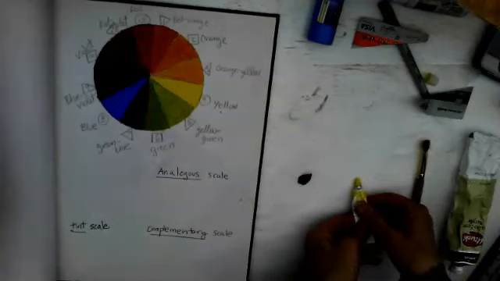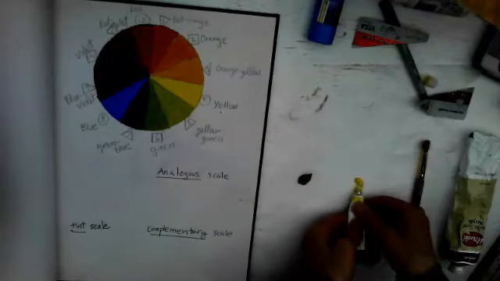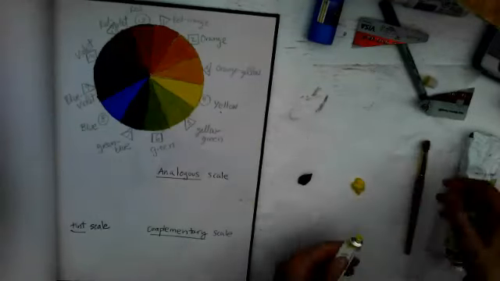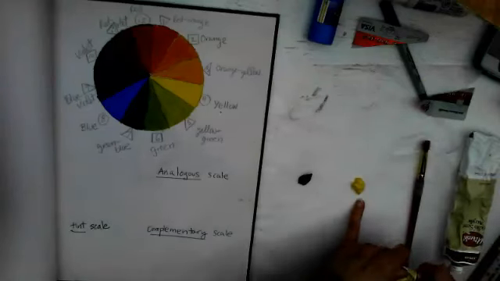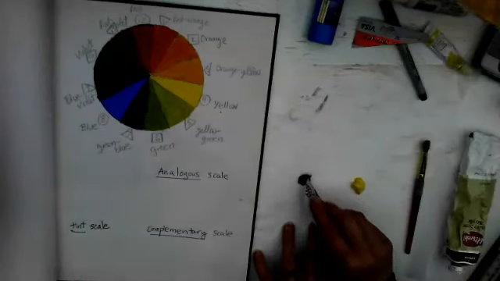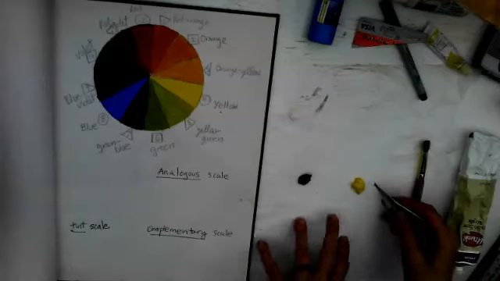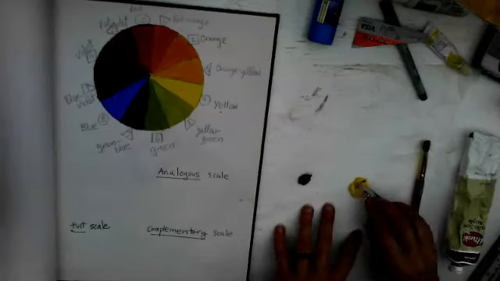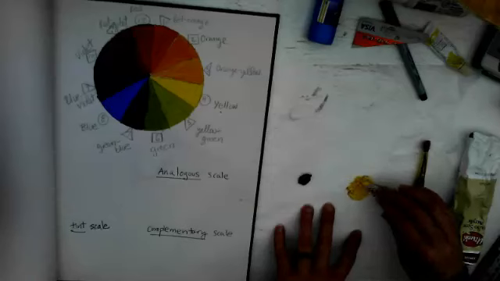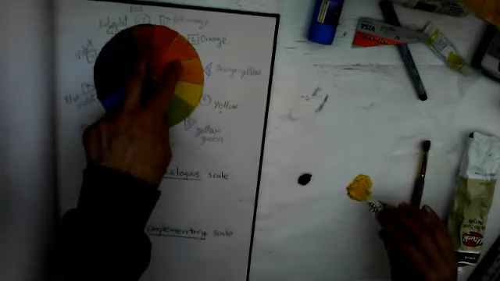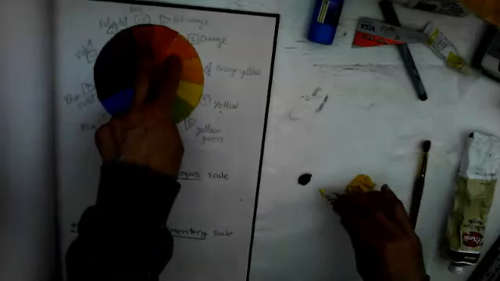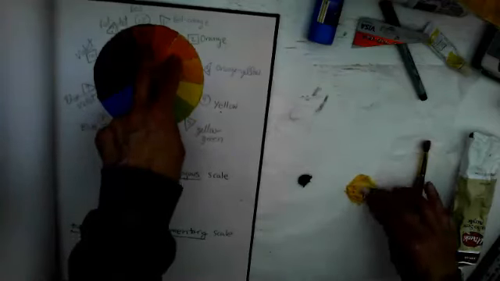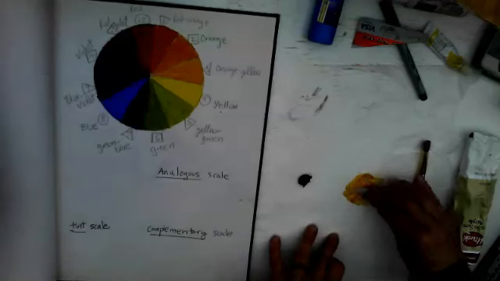You should know a couple things by now. One thing is you're going to need more yellow than red to mix in. And then I'm going to create some orange. And then I have red and orange, which are my analogous colors.